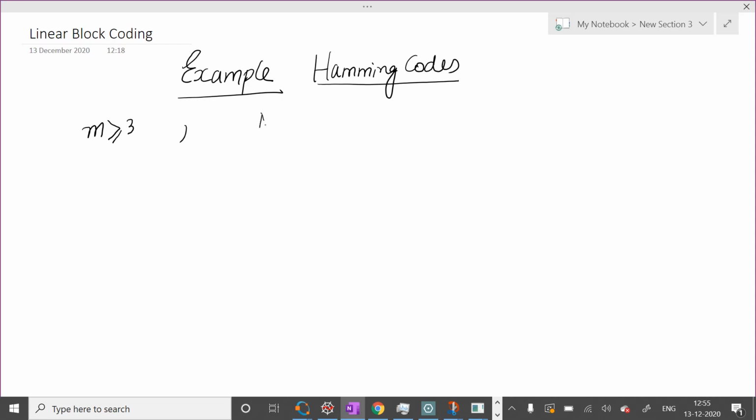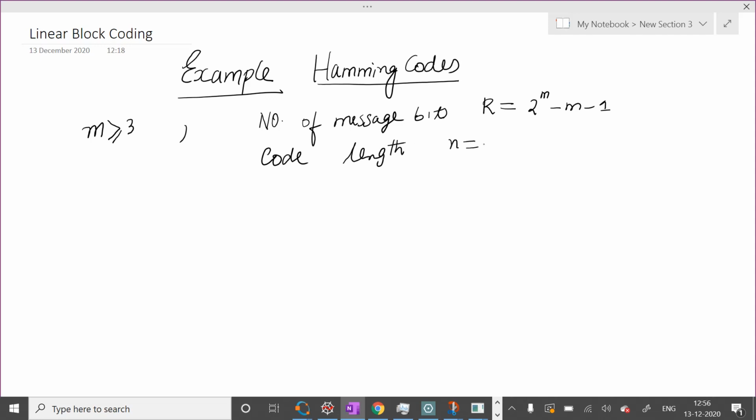The number of message bits k is taken to be 2 to the power m minus m minus 1 for a particular m. It will become more clear when I take a particular value of m. And code length n is taken to be 2 to the power m minus 1.